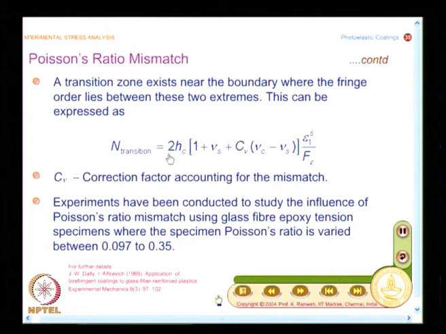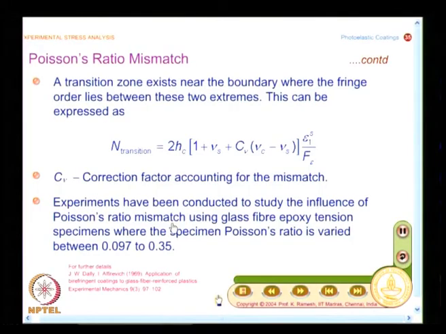And this is what I said, that experiments have been conducted by researchers, and if you want to study the influence of Poisson's ratio, the best kind of specimen you can think of is composites, because when I have a composite, I can change the volume fraction of the fiber, by which I can change the Poisson ratio of the composite specimen comfortably, and this is what was done.